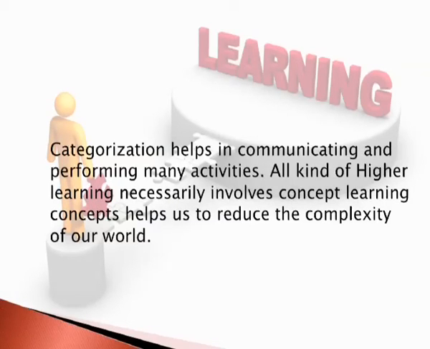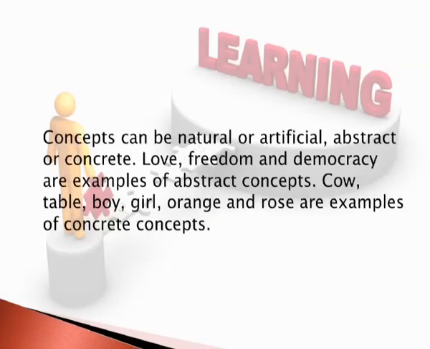Categorization helps in communicating and performing many activities. All kinds of higher learning necessarily involve learning concepts that help us to reduce the complexity of our world. Concepts can be natural or artificial, abstract or concrete. Love, freedom and democracy, table, boy, girl, orange and rose are examples of concepts.